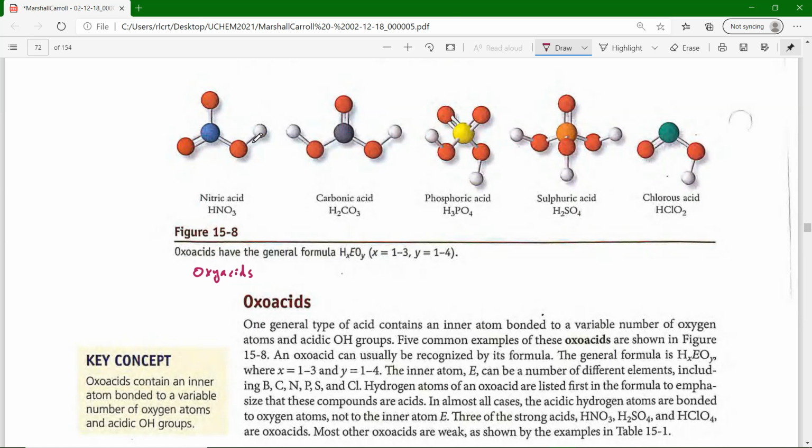Here's a snapshot example of one of the Lewis structures contributing to nitric acid, HNO3. So the hydrogen is not directly bonded to the nitrogen, it's bonded to the oxygens. So when you hear the word oxoacid or oxyacid, think of oxygens trying to surround the other nonmetal and hydrogens dangling from the oxygens, as we see in carbonic acid.